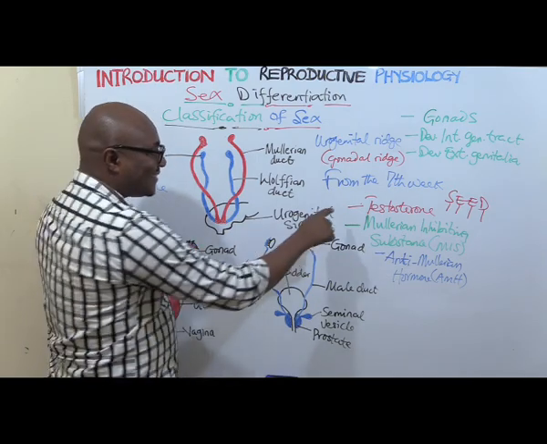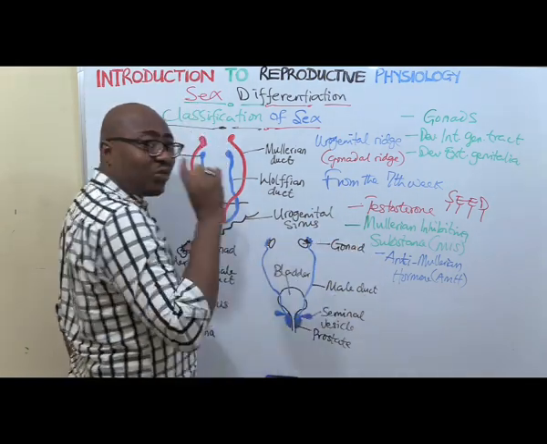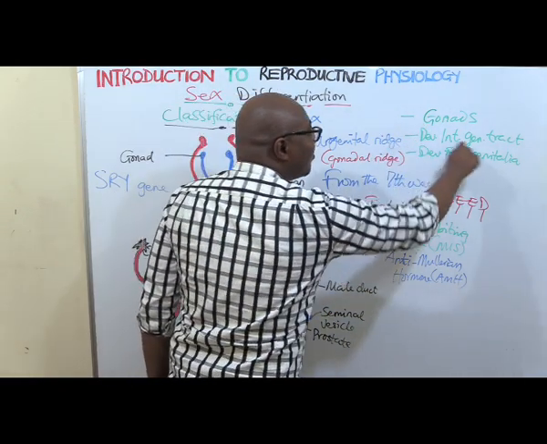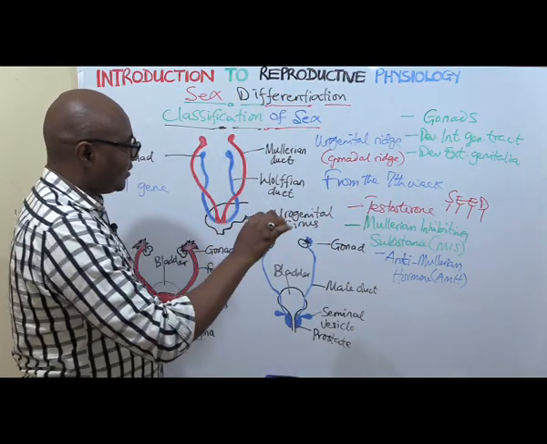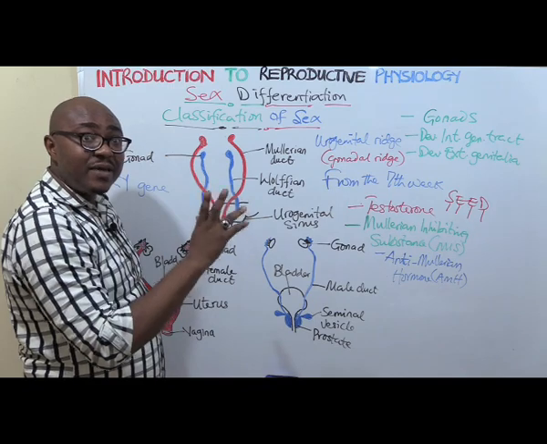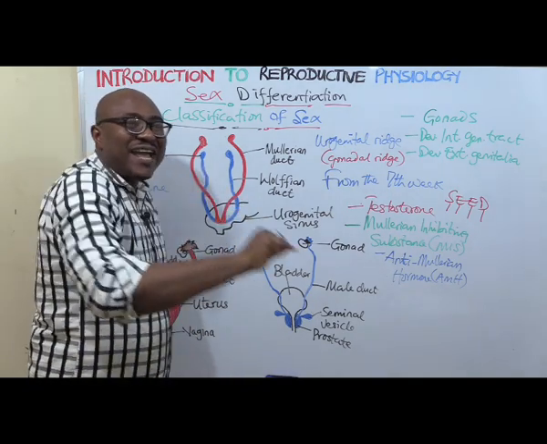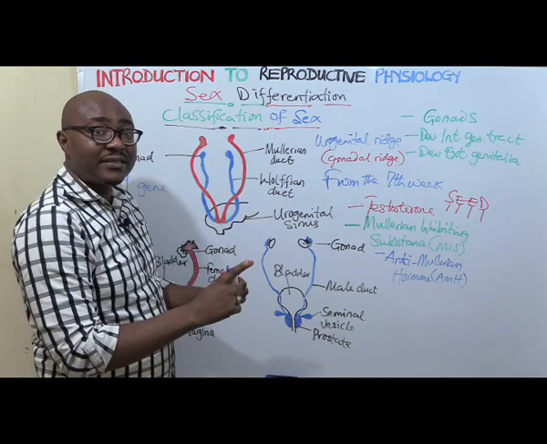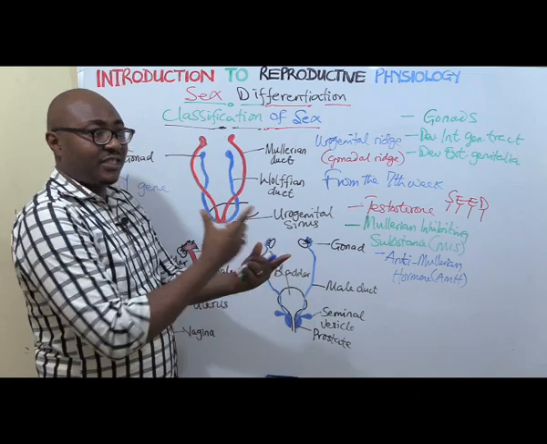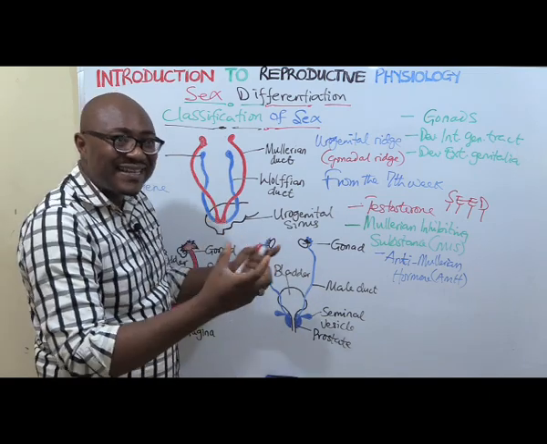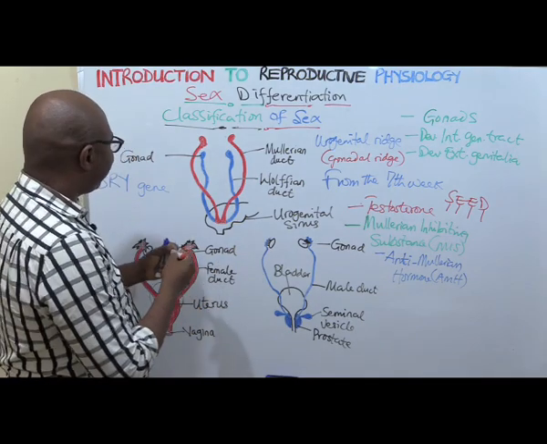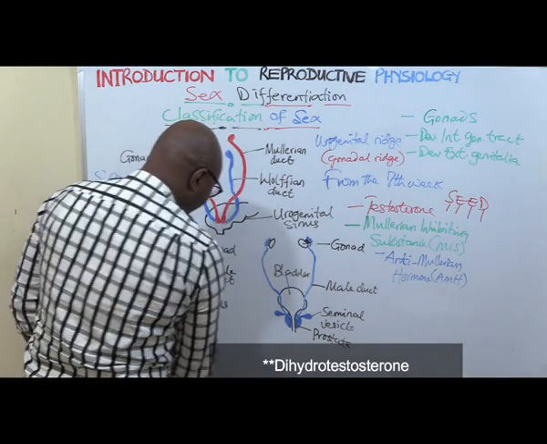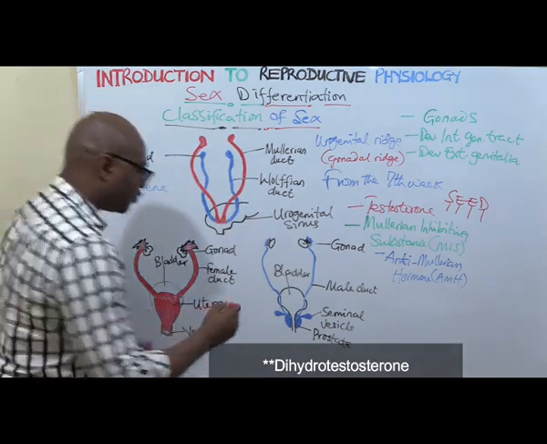No. This testosterone and MIS is only for the development of gonads, that's testis, and the development of the internal genital tract, which is ejaculatory and all those, in the male. But there is another variant of testosterone that is required for the development of the male external genitalia, which is talking about the penis and the scrotum. And that variant is called dihydrotestosterone, DHT for short.